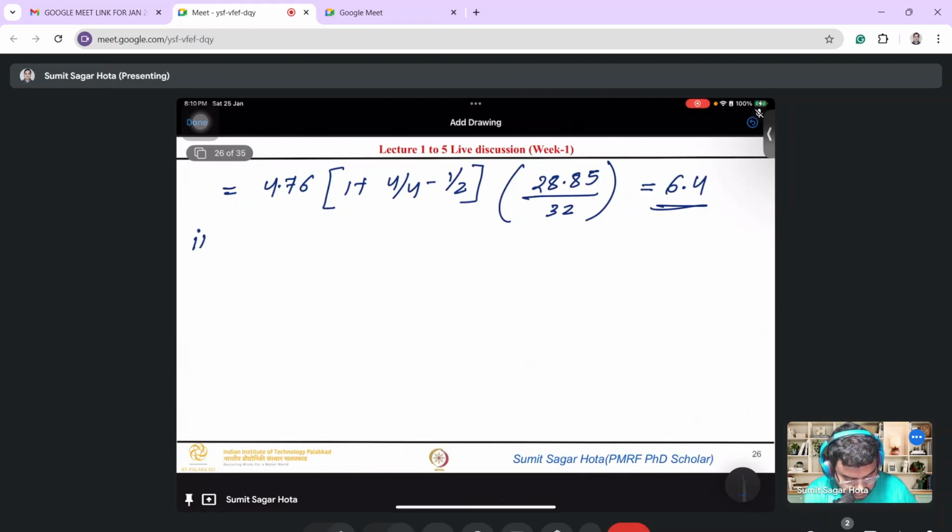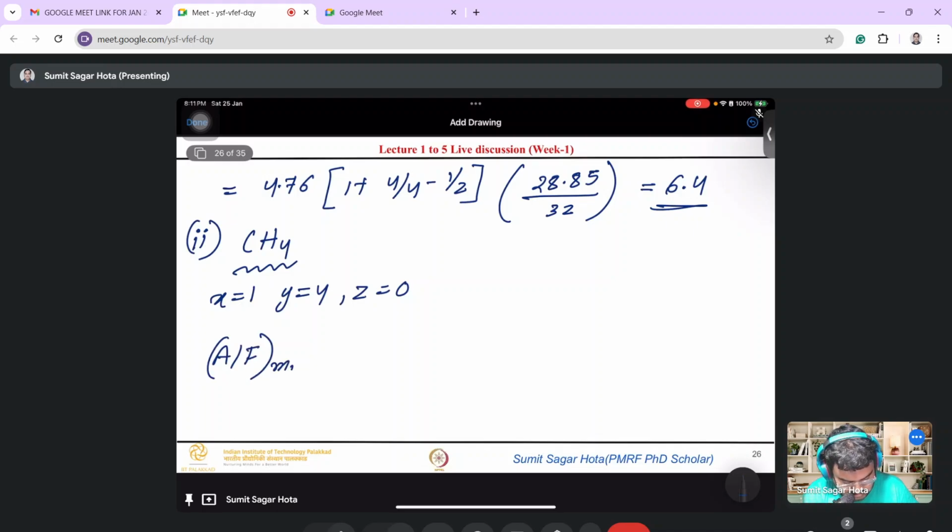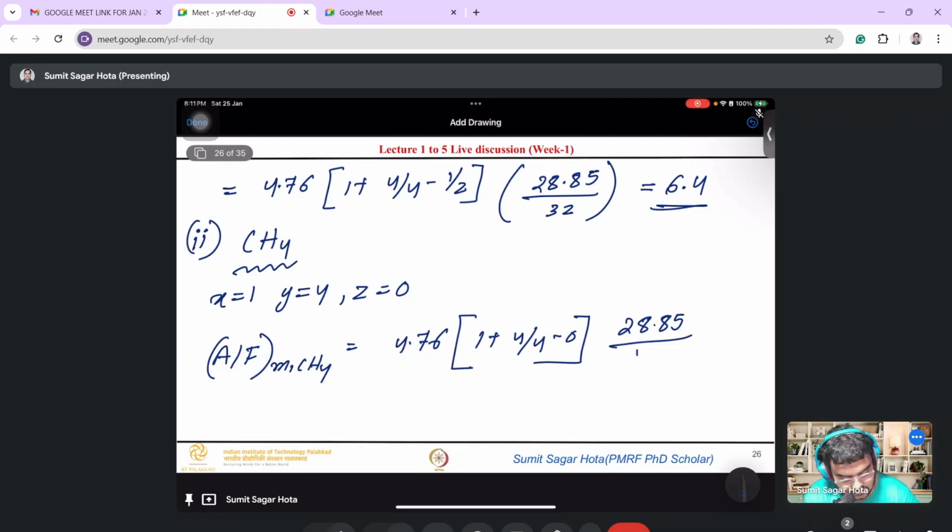Similarly for CH4, X is equal to 1, Y is 4, Z is 0. It is equal to 17.2.